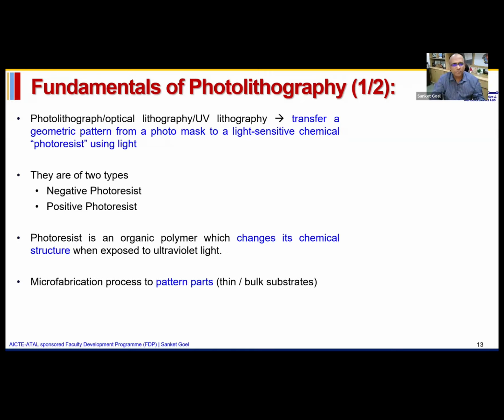Those of you who have used the old-time photographic films, these are very crude examples of the way negative photoresists work in today's generation. So very important area, and the entire semiconductor industry is working on these photoresists. They are the building blocks or foundation stones of the entire semiconductor industry, which is running across the world.